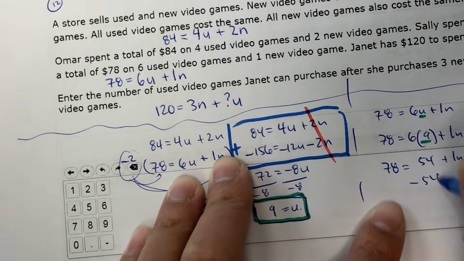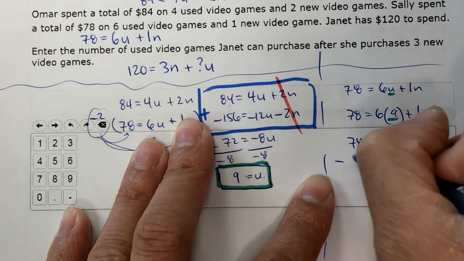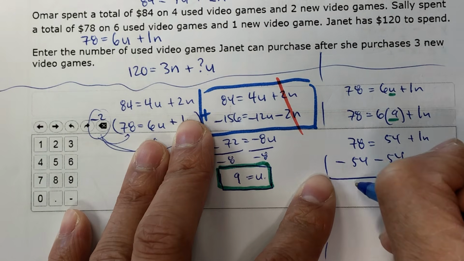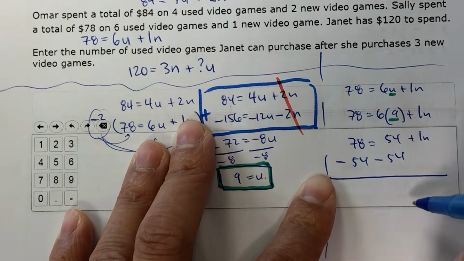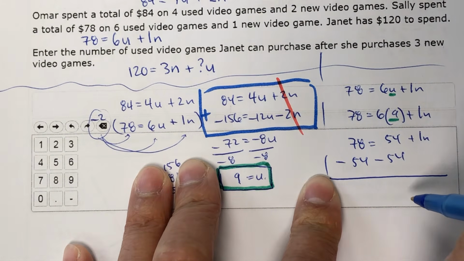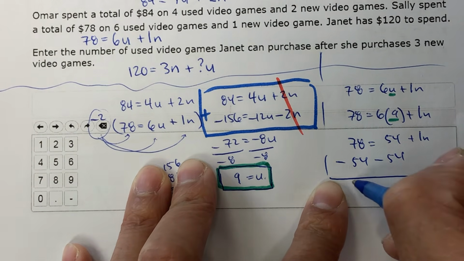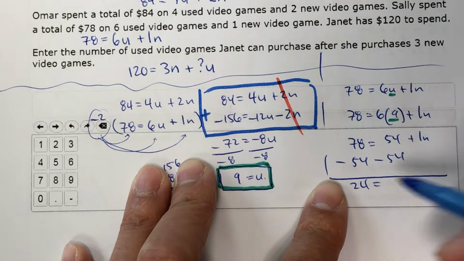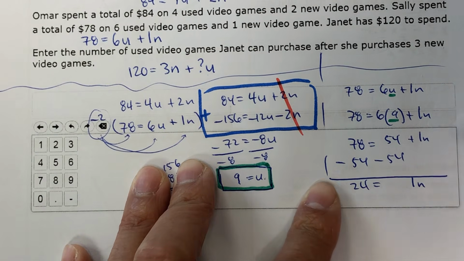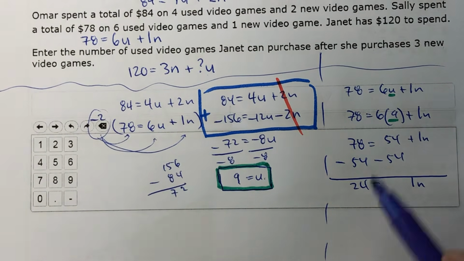And if I subtract 54 from both sides, I'm going to get 24. One new game costs $24.